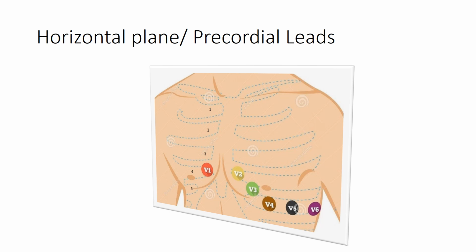All the chest leads are positioned in 4th and 5th intercostal spaces. Normally, V1 is located in 4th intercostal space on the right side of the sternum. V2 is placed in the 4th intercostal space on the left side of the sternum. V3 is usually between V2 and V4.